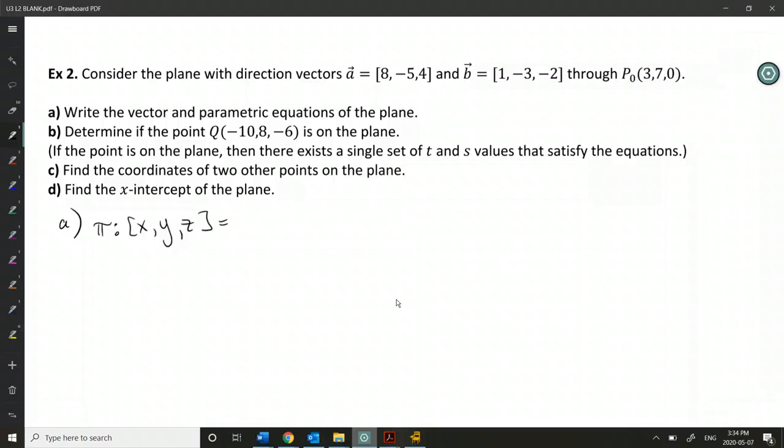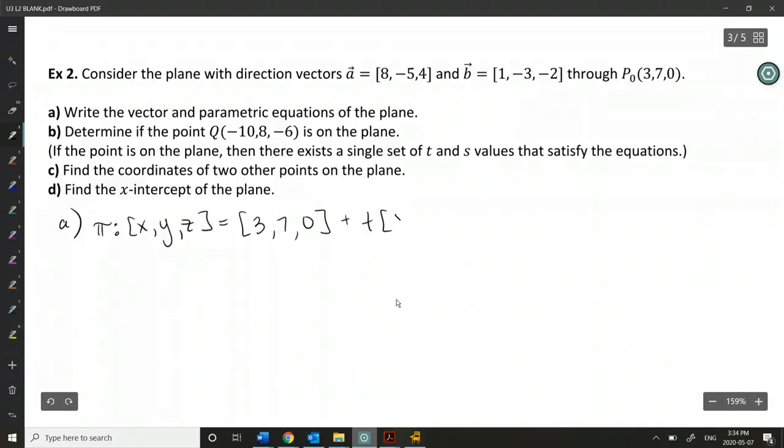So we're going to say pi is x, y, z. That represents all the x, y, z vectors that can go out from 0, 0 to points on our plane. We're going to take this position vector from the origin to the point 3, 7, 0, and add t times the first direction vector and s times the second direction vector.